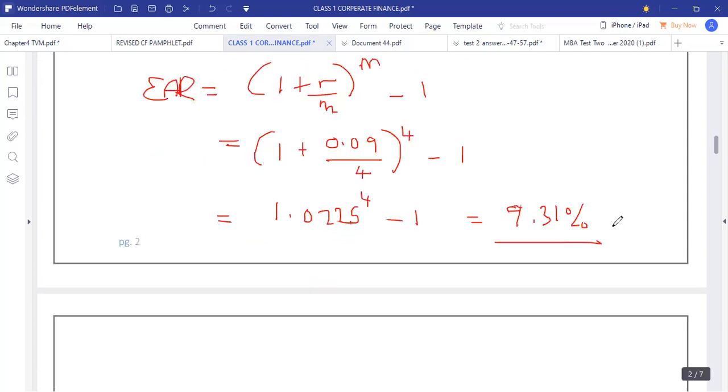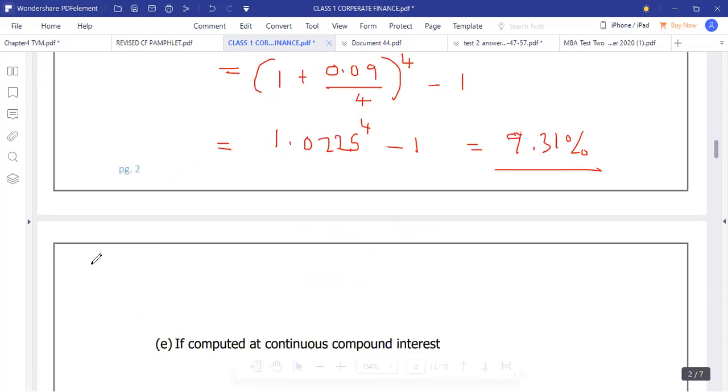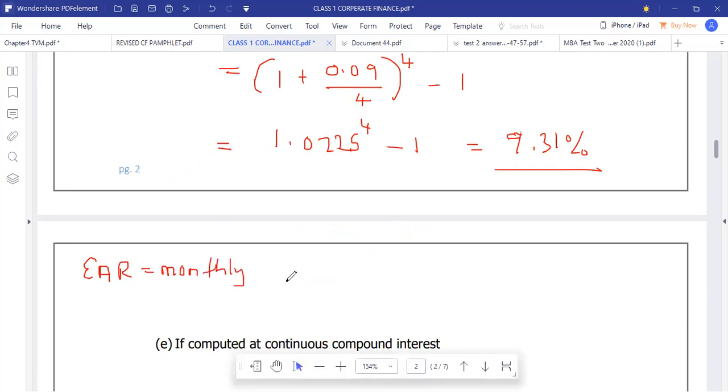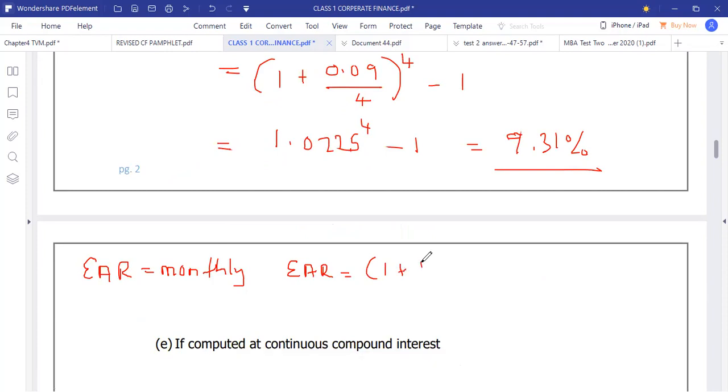So help me. What is the effective annual rate if it was monthly? Who wants to try? What is the formula? Effective annual rate is equal to 1 plus R over M, to the power M, minus 1, correct.